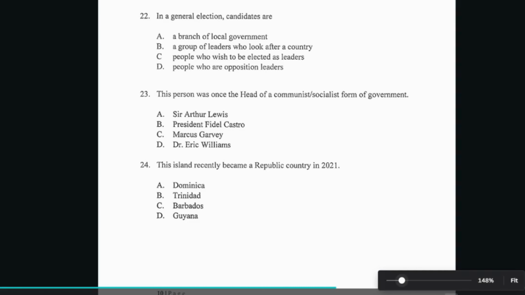But if you were listening, you would see that the person who best suits the answer would be B, President Fidel Castro. This person was once the head of a communist socialist form of government.